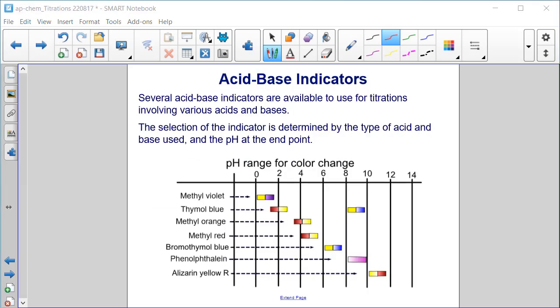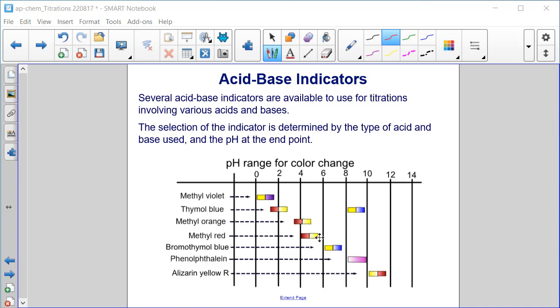Several acid-base indicators are available to use for titrations involving various acids and bases. The selection of the indicator is determined by the type of acid and base used and the pH at the end point. So if we're expecting an end point that's very low, from this 0 to 2-ish range, we would pick methyl violet or thymol blue.